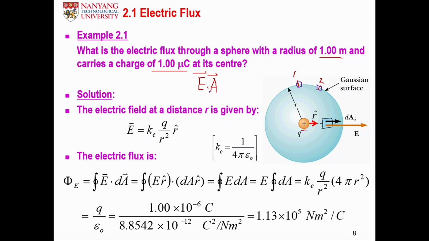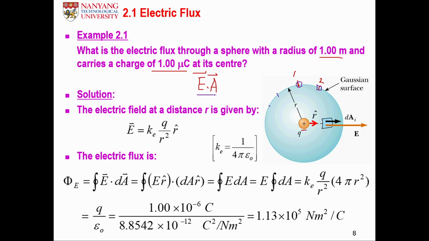Means actually both E and A are not uniform. And of course the same for points 3, 4, 5: on any point on this spherical surface, both vector E and vector A are not uniform. If both of them are not uniform, of course, you cannot apply this directly to get the total flux.